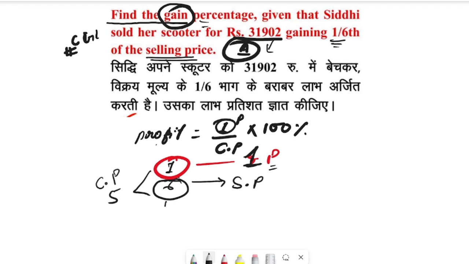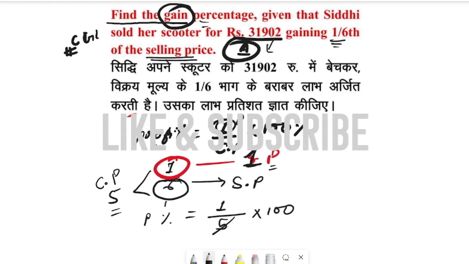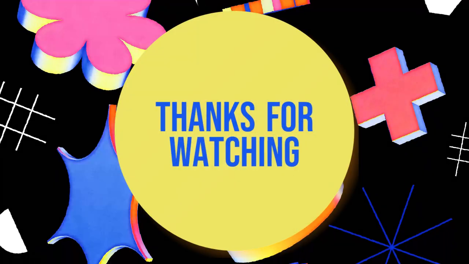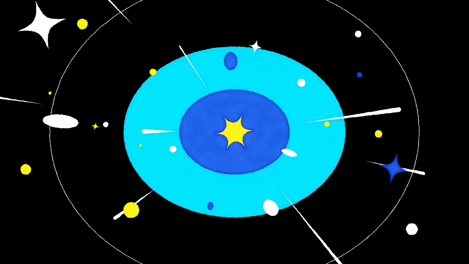If 5 is the cost price and we need profit percent, profit percent is equal to profit, what is the profit? 1, from where? 5 into 100, 20. It's 20%. It means that we get 20% from here.